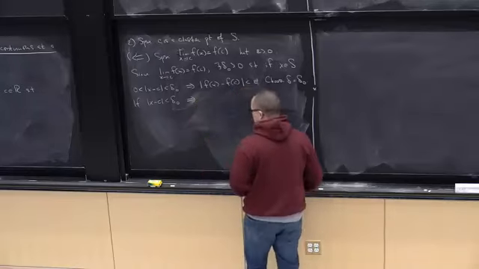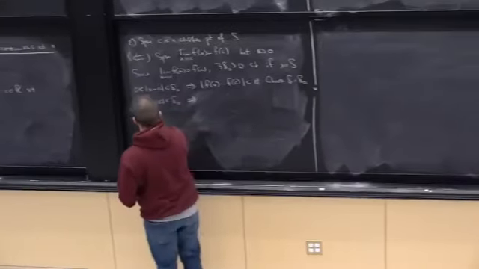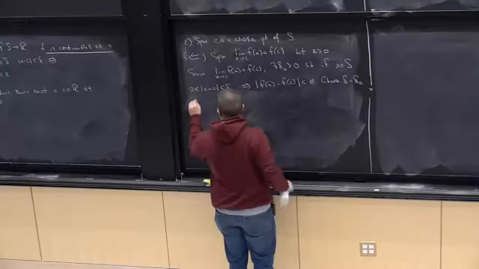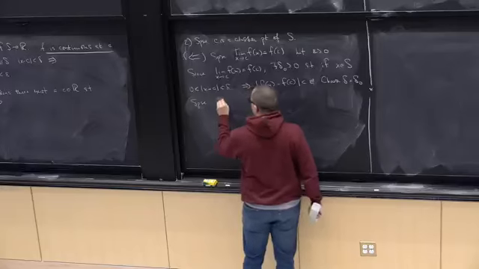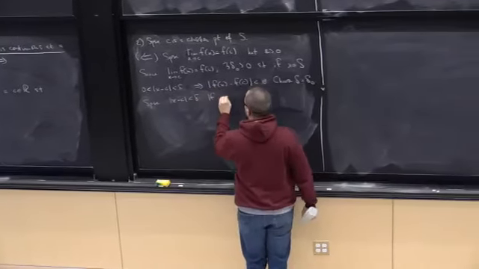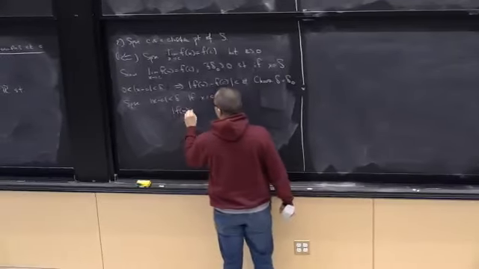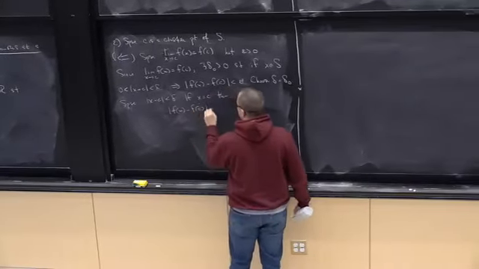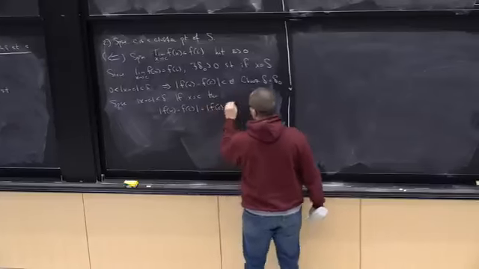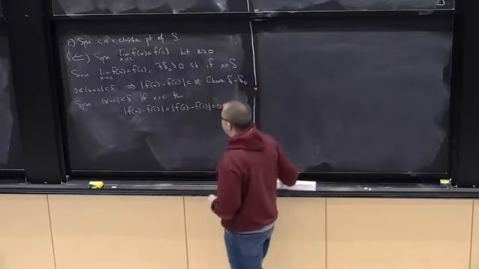So let's write it this way. If x equals c, then clearly f of x minus f of c equals f of c minus f of c equals 0, which is less than epsilon.